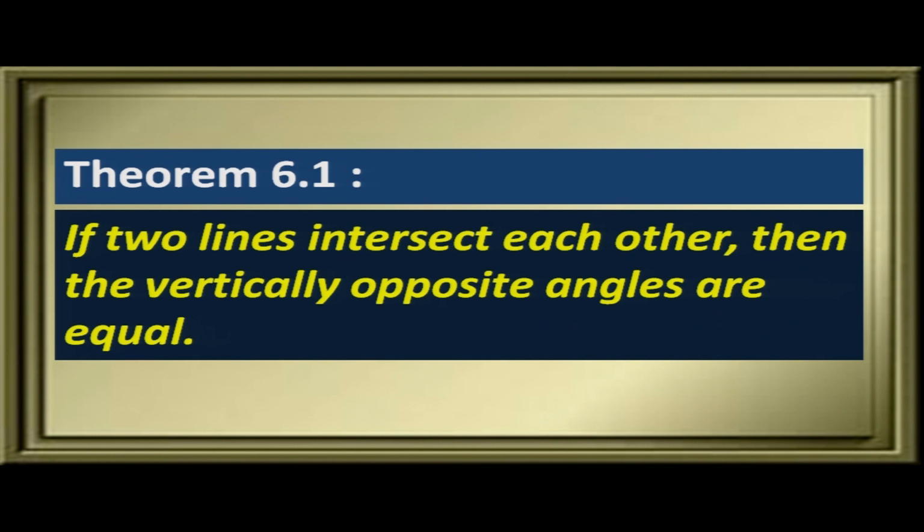Here is the theorem. If two lines intersect each other, then the vertically opposite angles are equal. In the last class, we discussed what the vertically opposite angles are. Today, we will work based on this theorem.